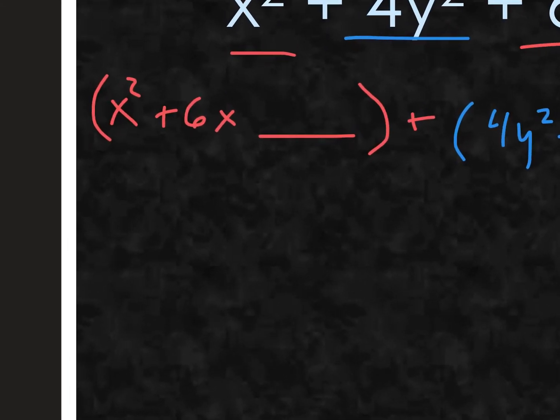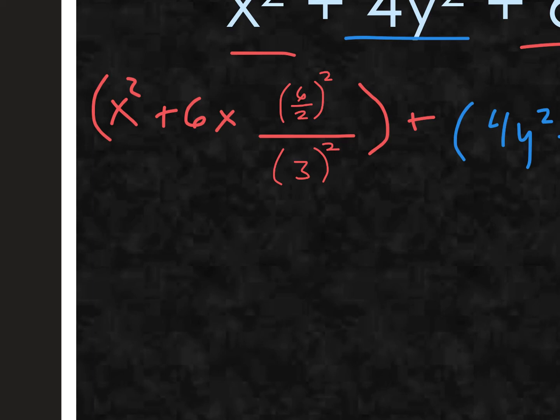Now what do I put in my space here for me to complete the square? b over 2 squared. So our b is 6, so 6 over 2 squared. 6 over 2 is 3.